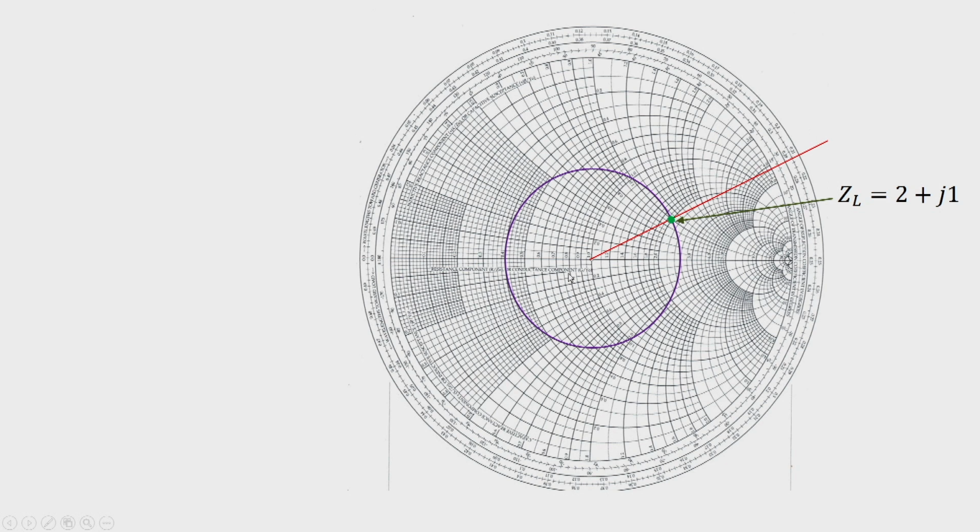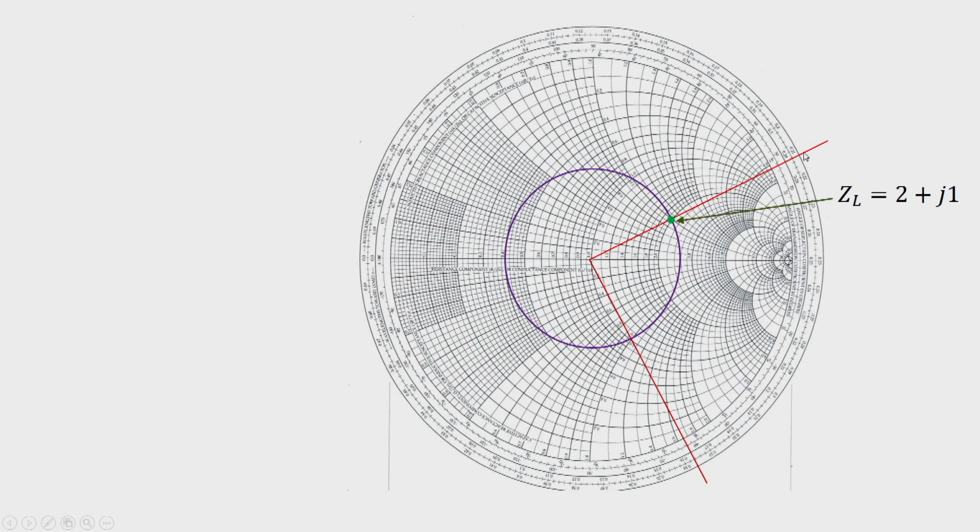Also, we draw the constant VSWR circle, and we find that as we move from the load over this VSWR circle towards the generator, for the first time we intersect r equal to 1 circle at this point, and we pass a line through this point.